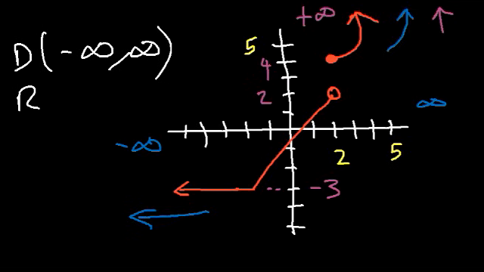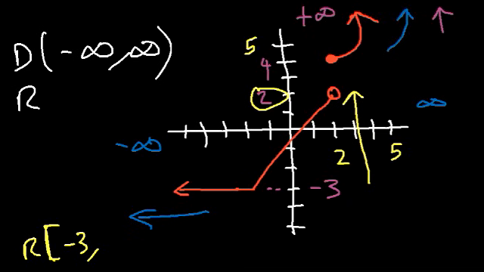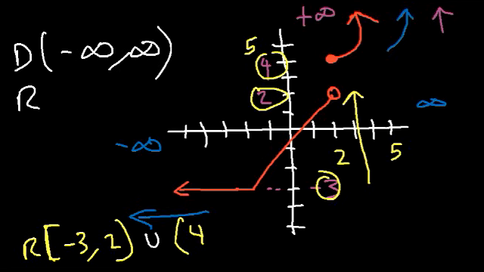So to write the range, it's going to be the lowest y value, which includes -3, and so it goes up from -3 to 2. And it doesn't include 2, so we're going to use parentheses for that. And then union, it continues at 4 again, and it goes all the way to infinity, but it includes 4, so we need a bracket at 4, and it goes all the way to infinity.